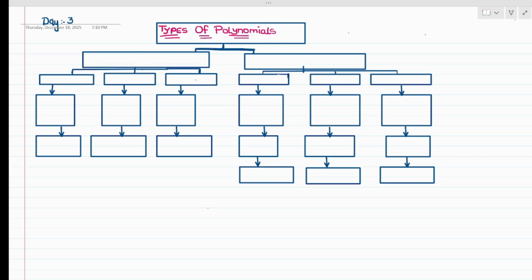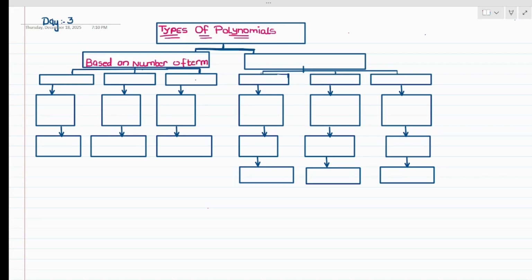So first classification is based on number of terms. Okay, how many terms are used in that polynomial? We have classified according to that.